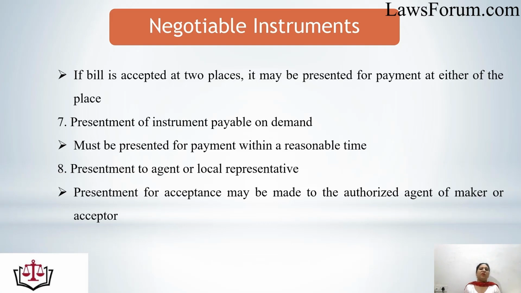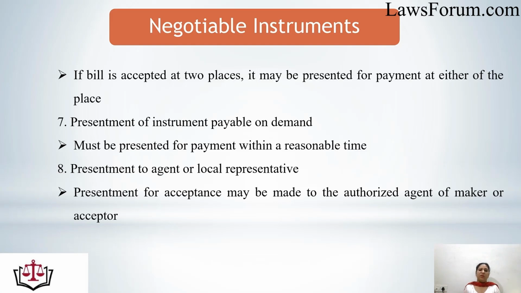Next is presentment of an instrument payable on demand. The bill of exchange or any negotiable instrument must be presented for payment within a reasonable time. Reasonable time means either the specified time, or 3 days after the specified time, or any time which is to be considered reasonable.